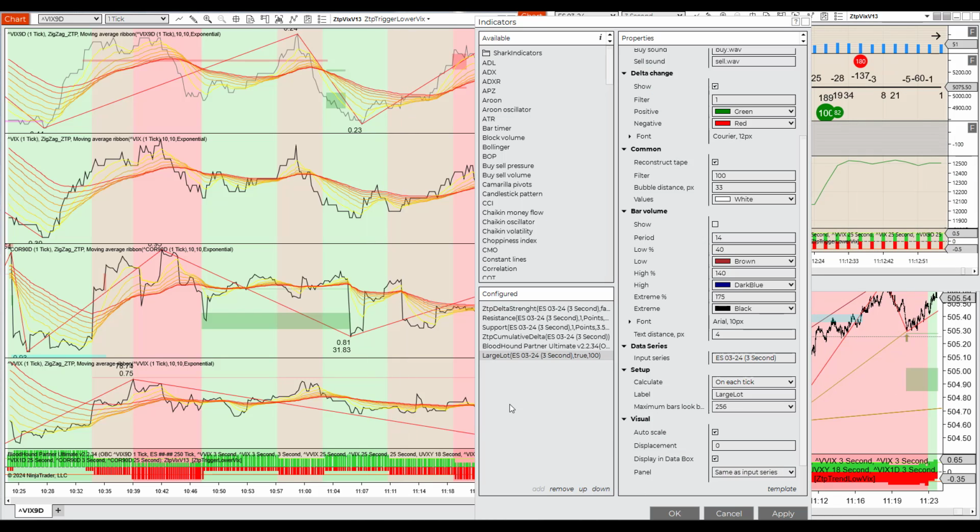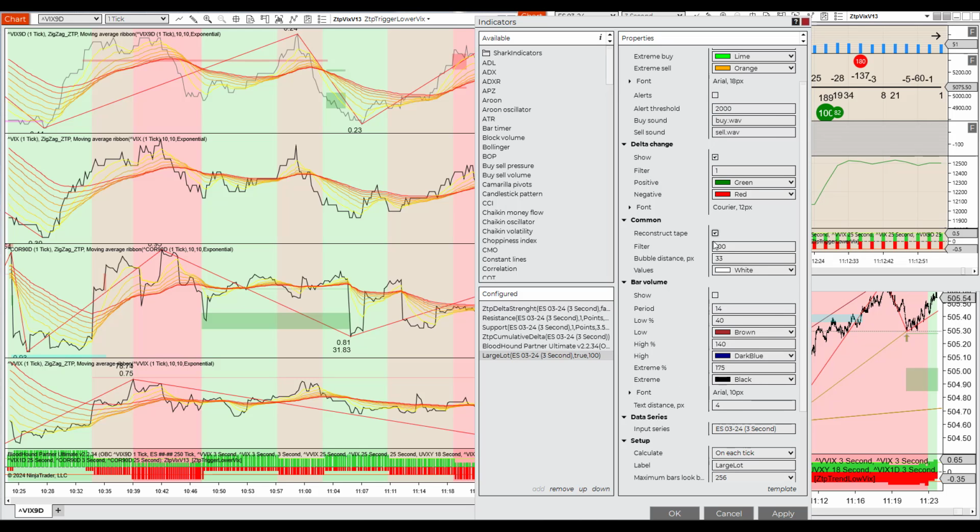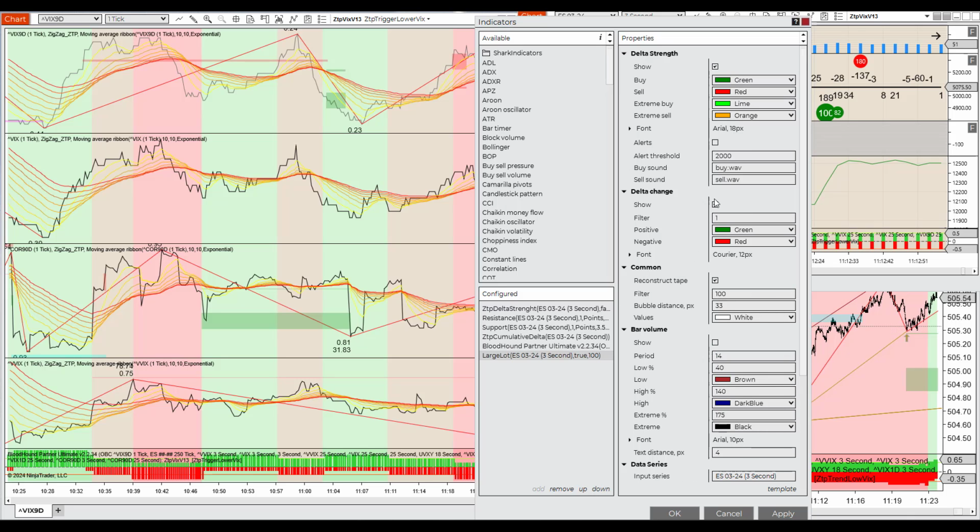Now, what that's going to look like in the setup is, this is what I had originally called large lot. And I just changed the name back to ZTP delta strength. I then added the second delta strength indicator, this time what we're going to filter, and rename that large lot because that is more appropriate. I hit reconstruct tape, filter of 100.